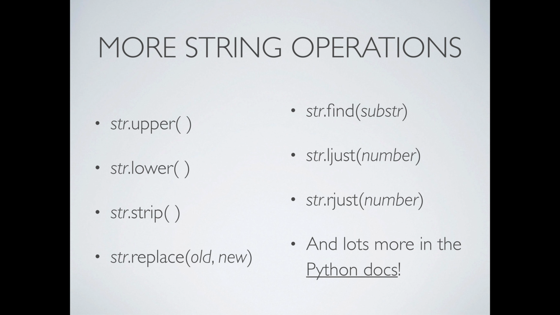They're mostly self-explanatory, but make sure you take a look at them. If you do have any questions about them, let me know. But you will be expected to know how these ones in particular work. Obviously, you don't have to memorize how all the string operations that are in the Python docs work, but you should know the ones that we've talked about in the class notes, in the videos, and you should know about these as well. Again, if you have questions about it, just let me know.